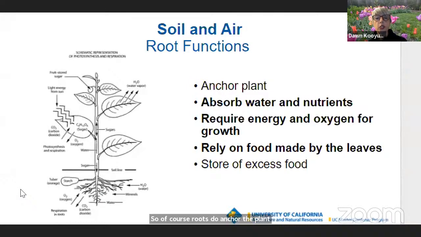But what the roots do is they absorb the water and nutrients for the plant to grow. And they need energy and, most importantly, oxygen for them to grow. Remember this, roots need oxygen. And roots rely on the food made by the leaves. And then the stem is essentially the superhighway to move things around the plants.